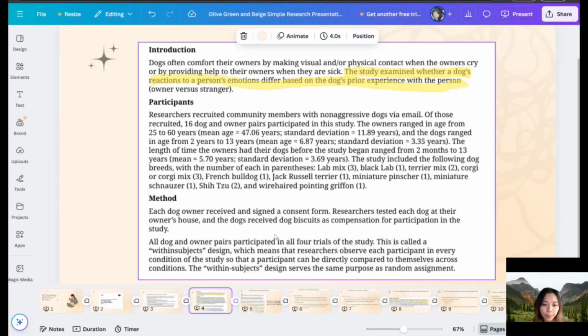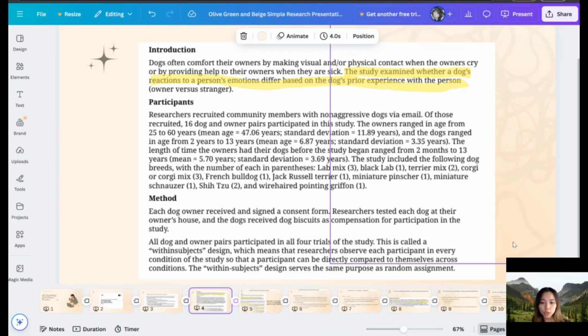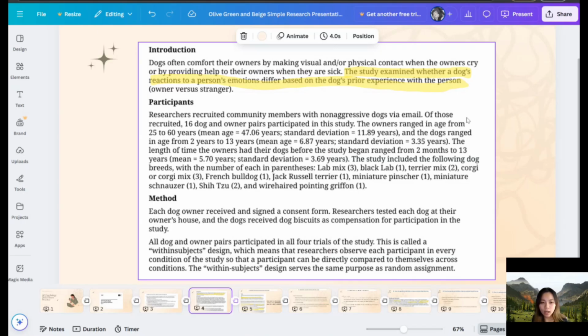All dog and owner pairs participated in all 4 trials of the study. This is called a within-subject design, which means that researchers observe each participant in every condition of the study so that a participant can be directly compared to themselves across the conditions. The within-subject design serves the same purpose as random assignment.